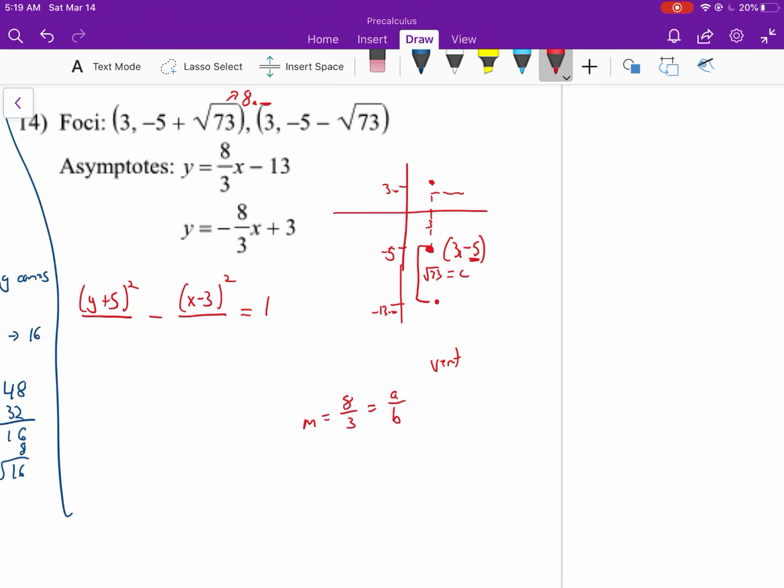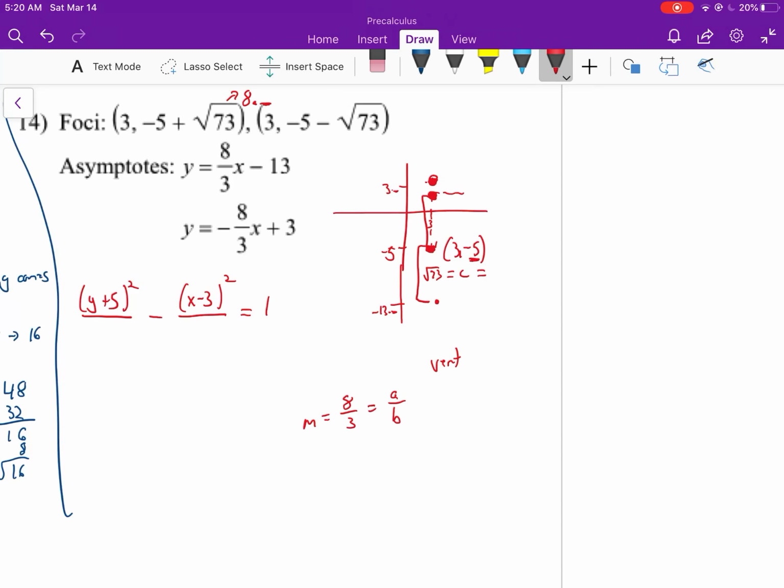Now, it looks like it will be that it's actually 8/3. Remember, this is just a ratio, so to get 8/3, it could have been 16/6. But if you notice, the distance from the focus to the center is c, and that's root 73, and the distance from the vertex to the center will be smaller than that.